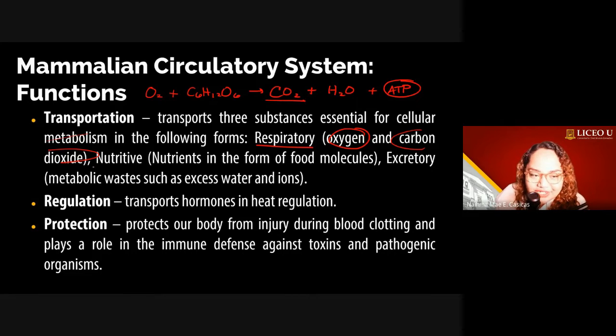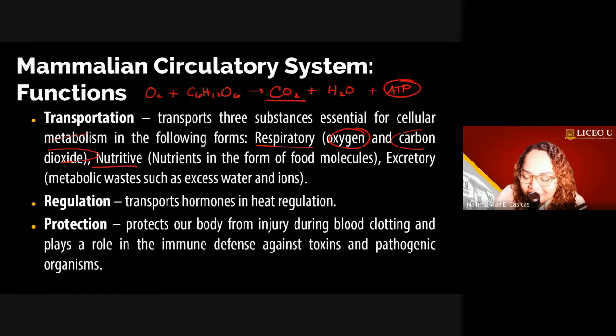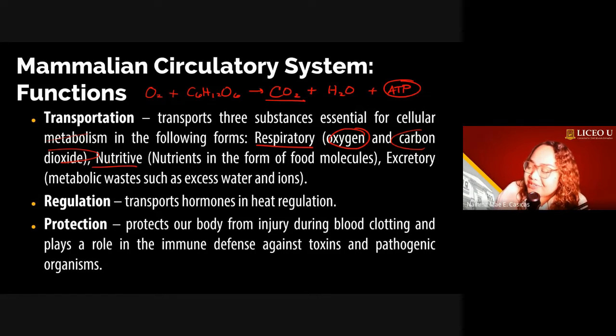Another is your nutrition. Your macromolecules, your carbohydrates, your fats, your lipids are found in your blood, and your blood acts like a transportation system for these. For example, if the cells say they lack sugar and cannot perform cellular respiration, help, blood, help.